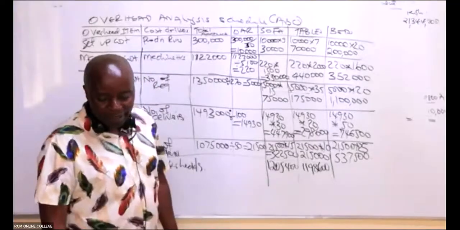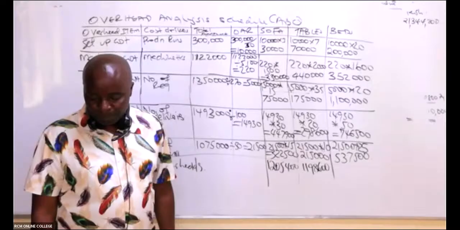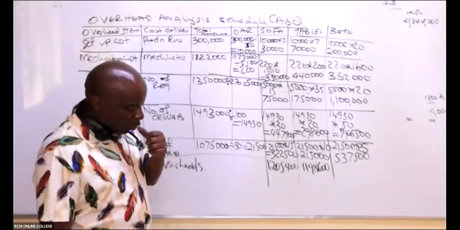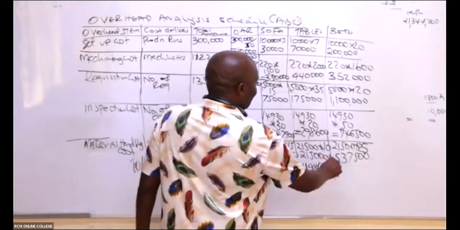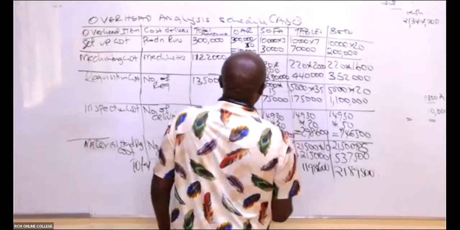So what do we have there for beds? 189,500.